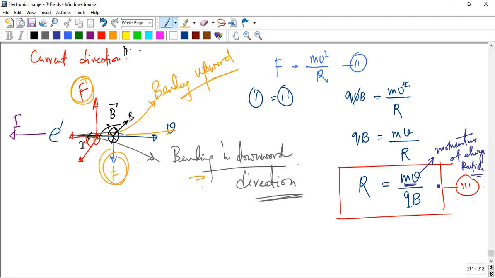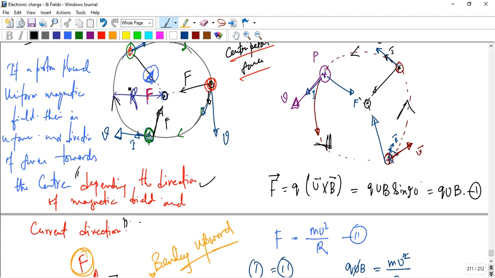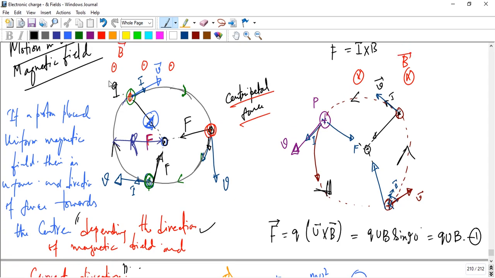Since there is a velocity, there is obviously a kinetic energy, that is equal to half m v square.